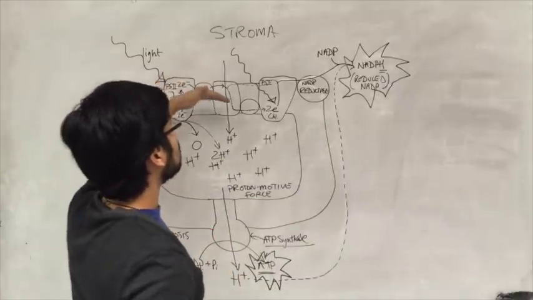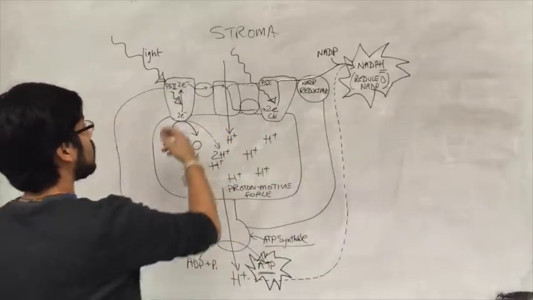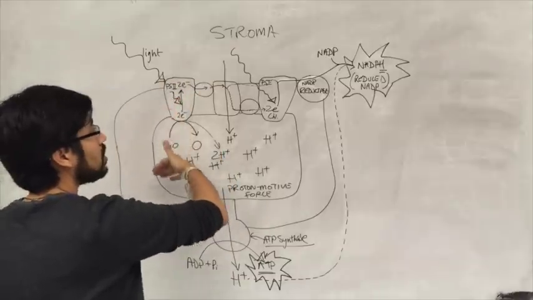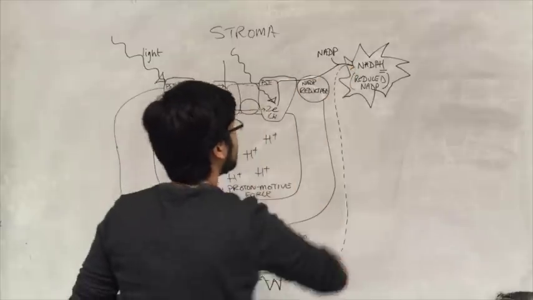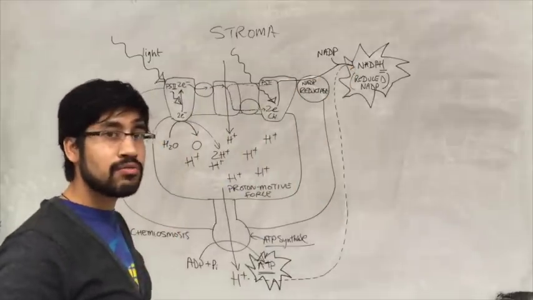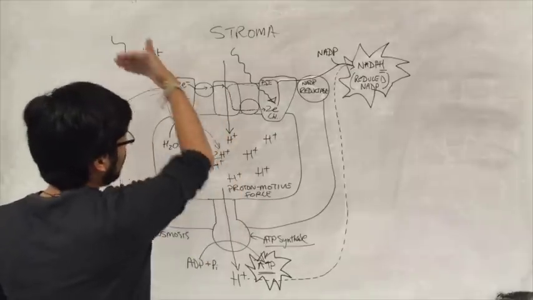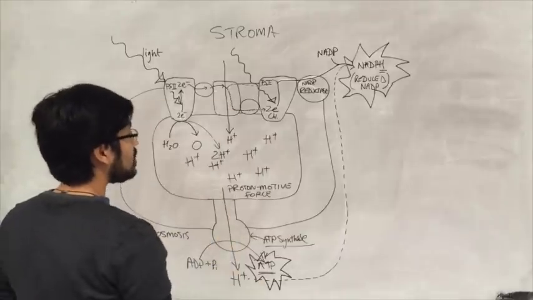This makes a linear route for the electrons. Photosystem 2 loses some electrons, which are replaced by the electrons in water, and the electrons just go through to NADP. This is called non-cyclic photophosphorylation, because again, the energy from light is used to generate the proton gradient, which is then used to make ATP.